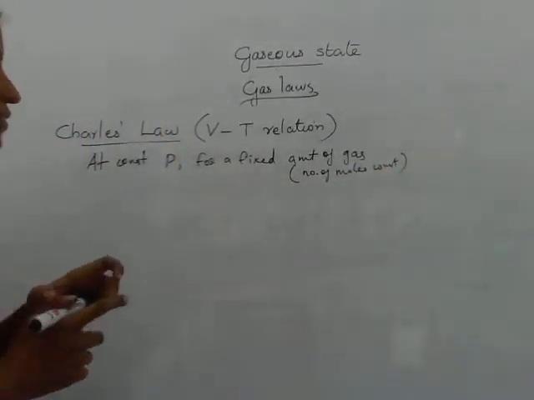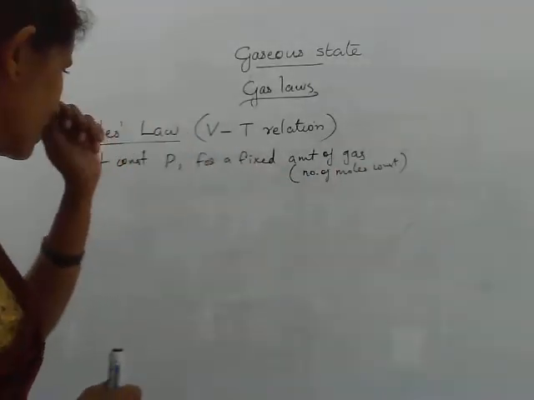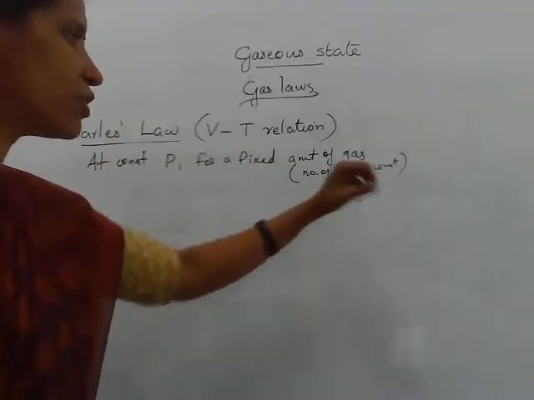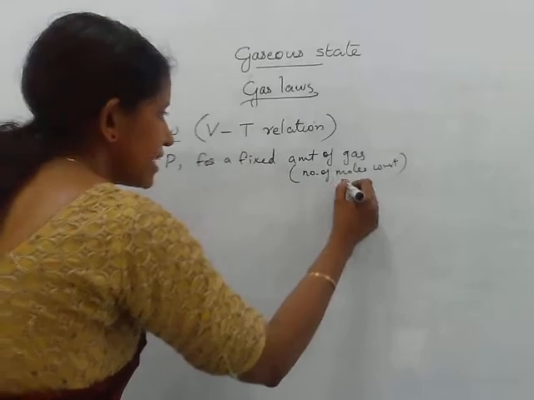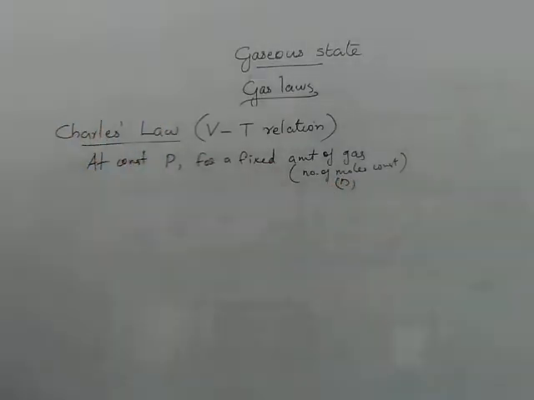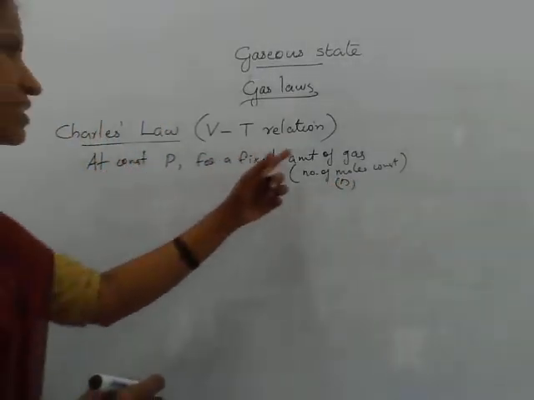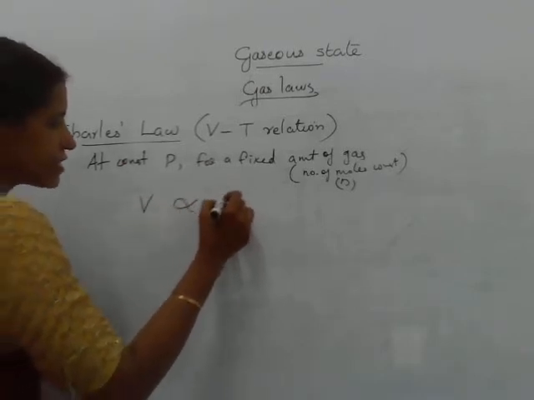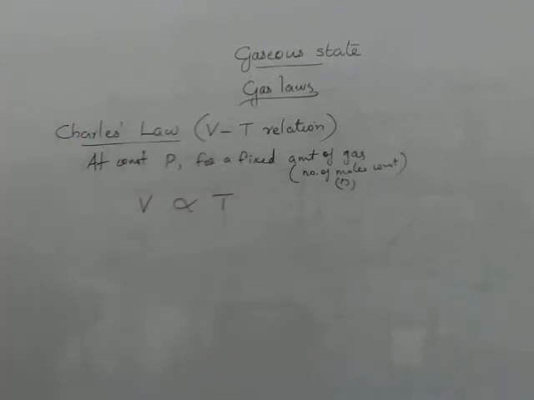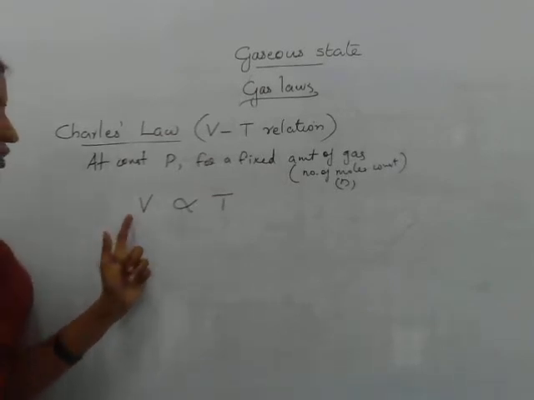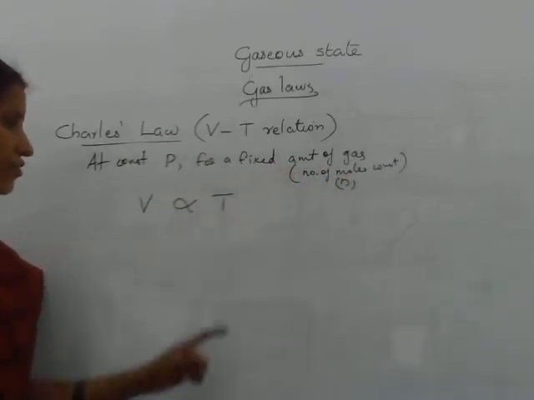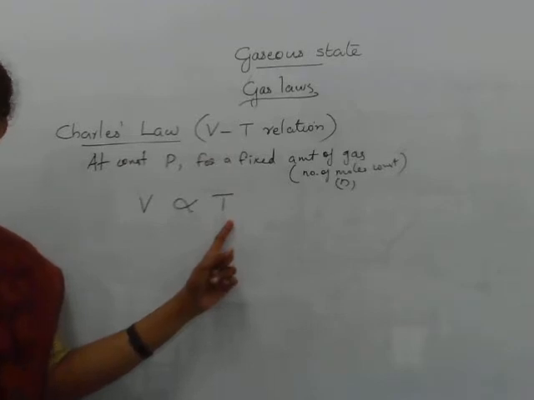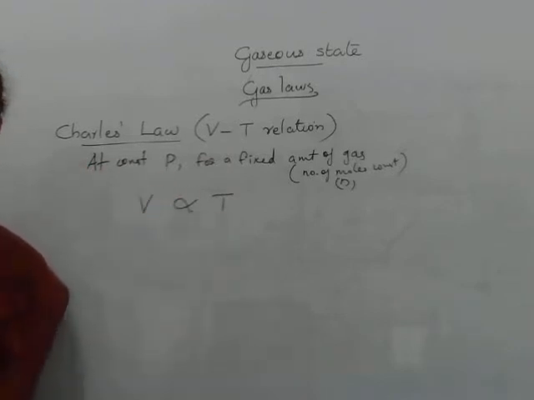When we express amount of gas in terms of number of moles, fixed amount of gas means the number of moles, denoted by the letter n, remains constant. So at constant pressure, for a fixed amount of gas, volume varies directly with the temperature. That is, volume of a fixed amount of gas varies directly with the temperature at constant pressure.